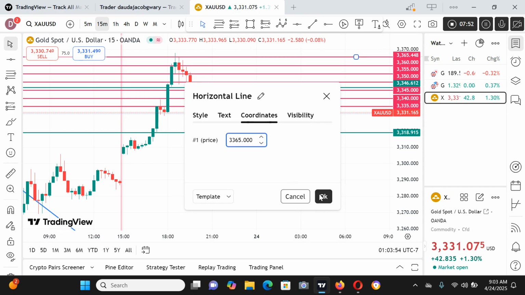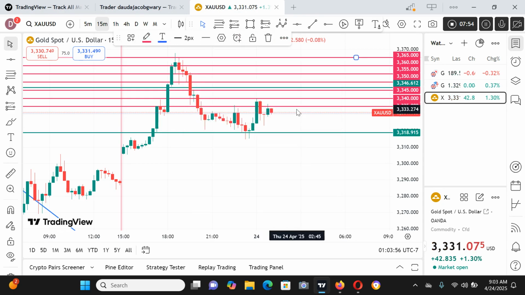So this is 3365.00. The first one we have is 3335.00. The next one is 3340.00, the next is 3345.00, the next is 3350.00, the next is 3355.00, and 3360.00, 3365.00.